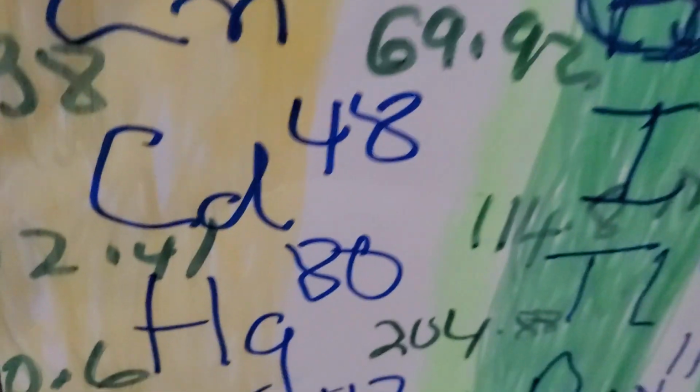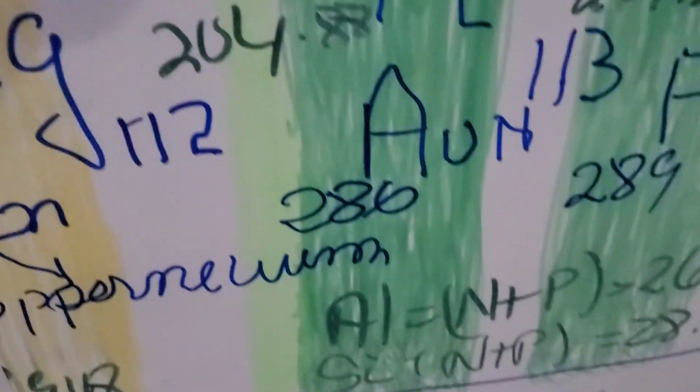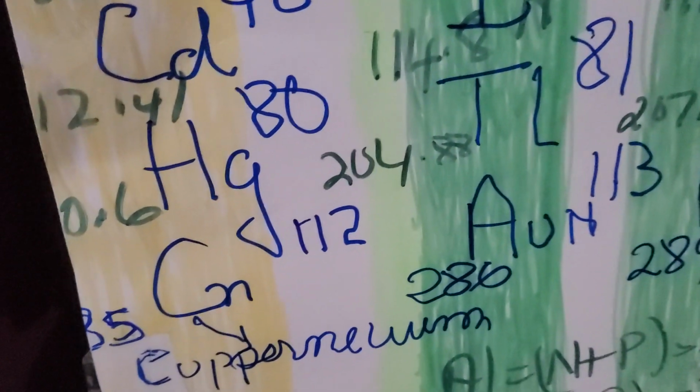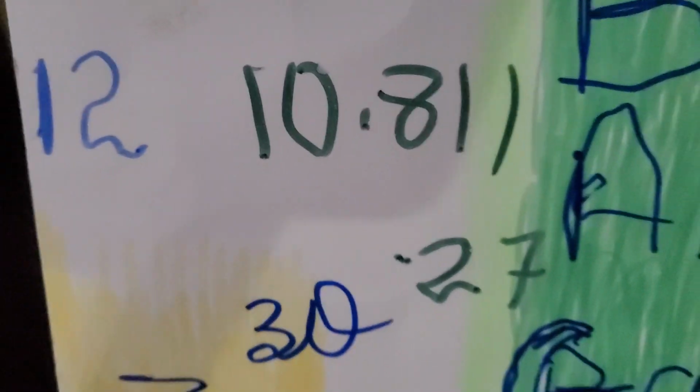And in the same group would be indium and thallium, and another one which is not readily available but can be synthesized, but it's unstable. But it's in the same group with boron, and we are focusing on aluminum.